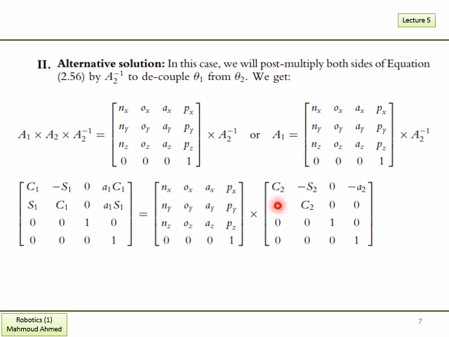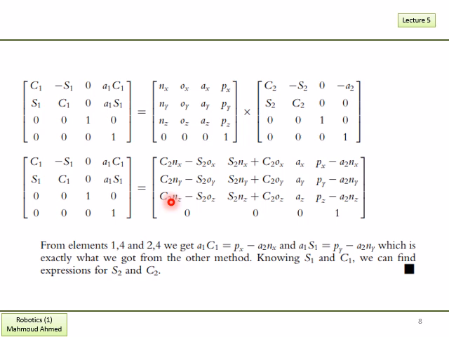In this way, step after step, we have the ability to separate theta 1 from theta 2, in order to find simple relationships through the elements of the matrices on the left and the right side to find theta 1 and theta 2.